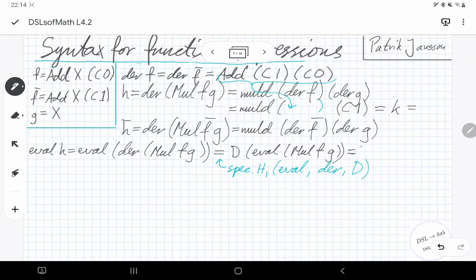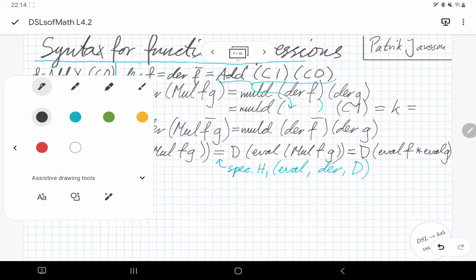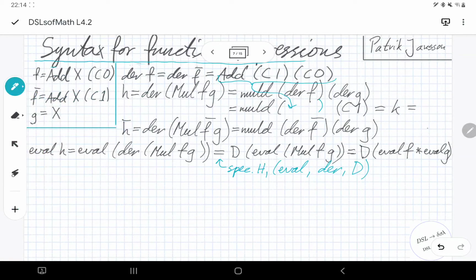So we can keep the derivative on the outside and say that this is actually the same as eval of f multiplied by eval of g. And here again I can make a little note that the multiplication here is the multiplication for functions.